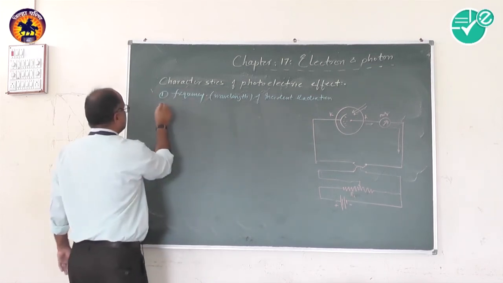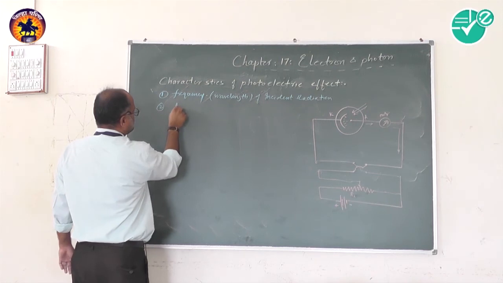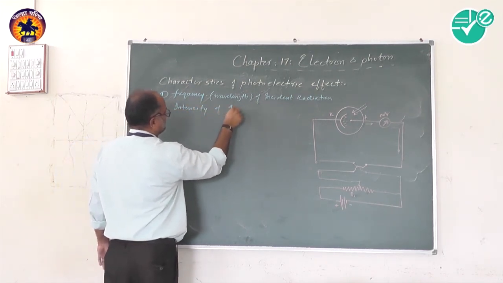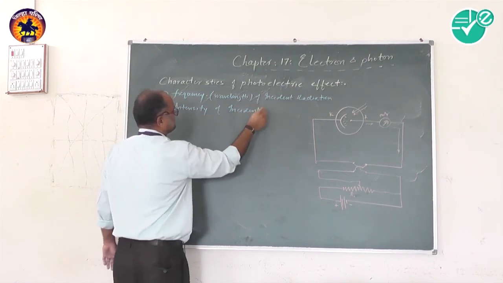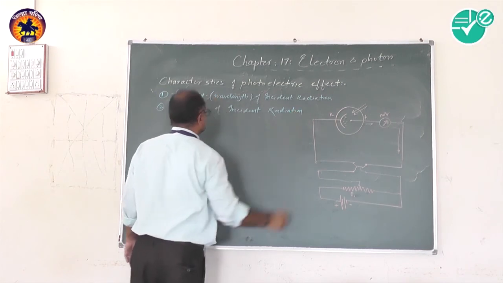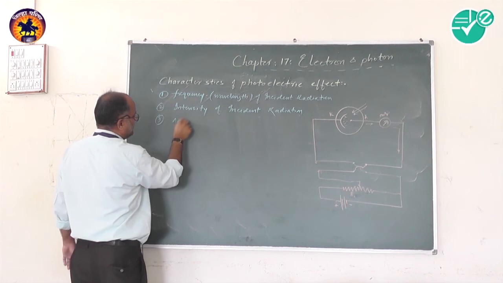The second parameter that affects the photoelectric current is the intensity of incident radiations. Third characteristic, the anode potential.